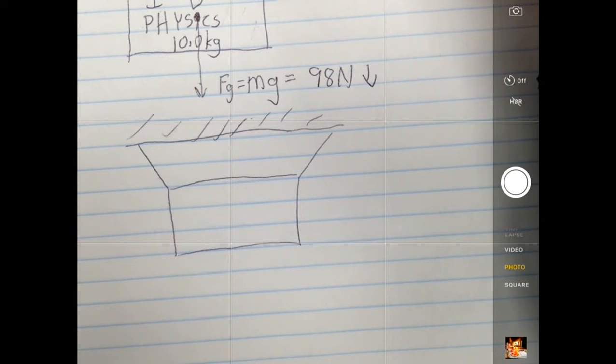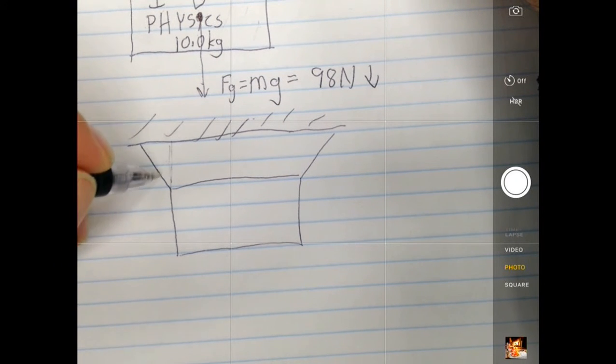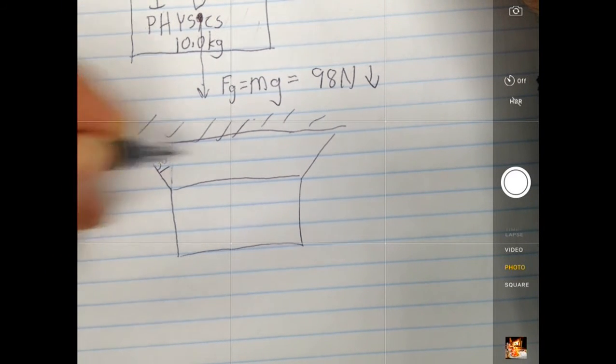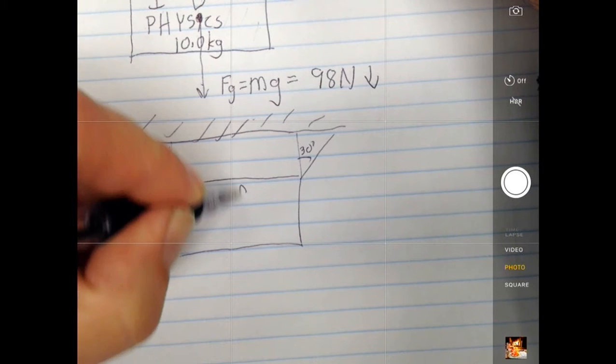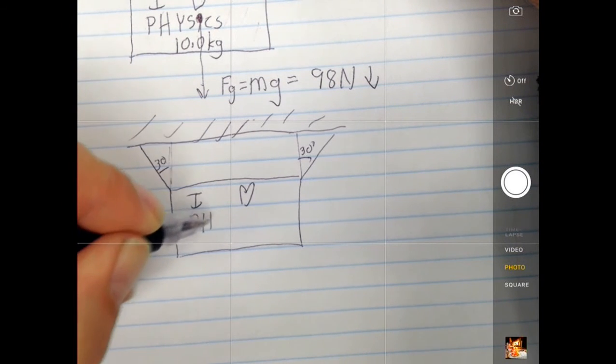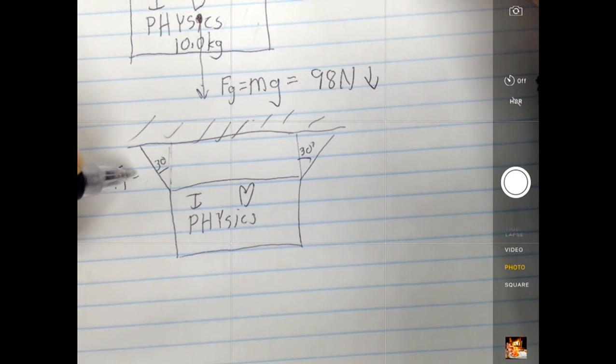I was really trying to draw them to suggest that they had the same angle, but that is not necessary. We'll do this one that says, yes, they're at the same angle. Let's say that they're making an angle of 30 degrees to the vertical, both of them. And it's the same sign. What happens to the tension?